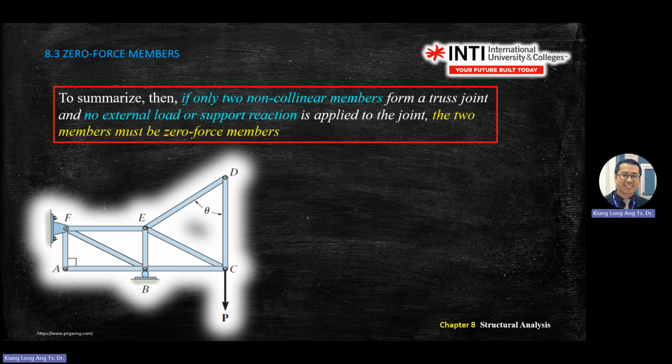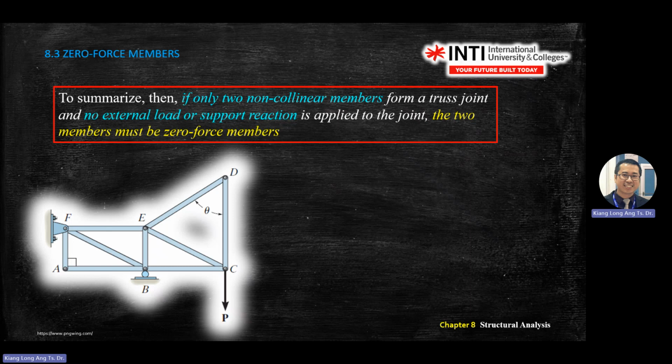Okay, so to summarize, this is a guideline. If only two non-collinear members form a truss joint and no external load or support reaction is applied to the joint, the two members must be 0 force members. This is a guideline to observe where the 0 force member is.